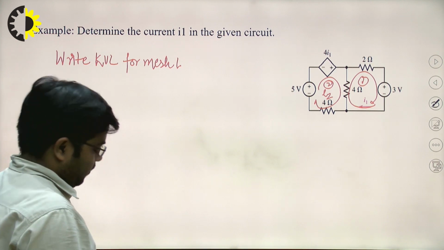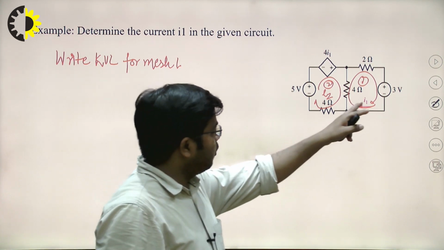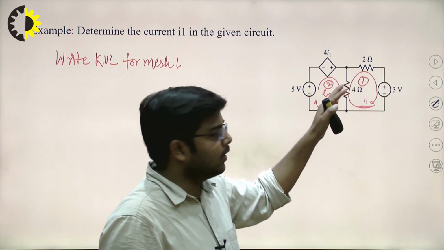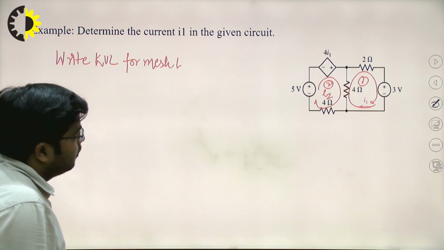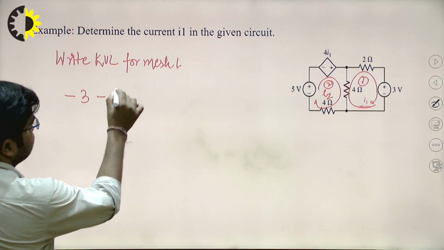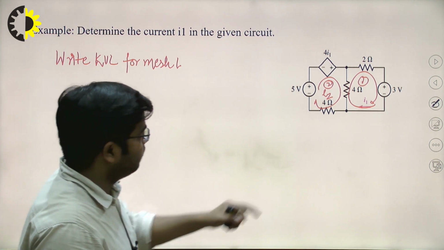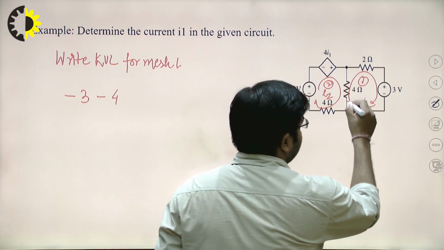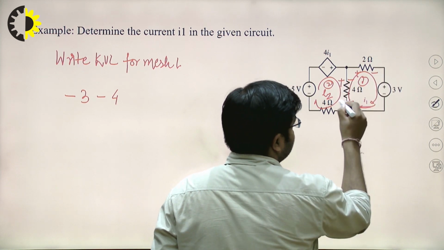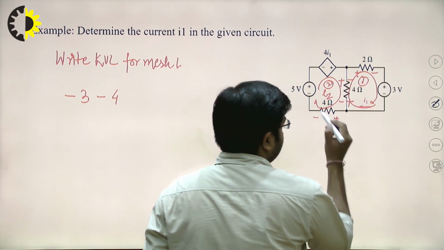Actually the direction of current is clockwise, so write the KVL in clockwise direction. So just minus 3, then minus 4, because the plus sign will be here and minus sign will be here, plus minus, and for this current plus minus will be here and the plus minus will be here.